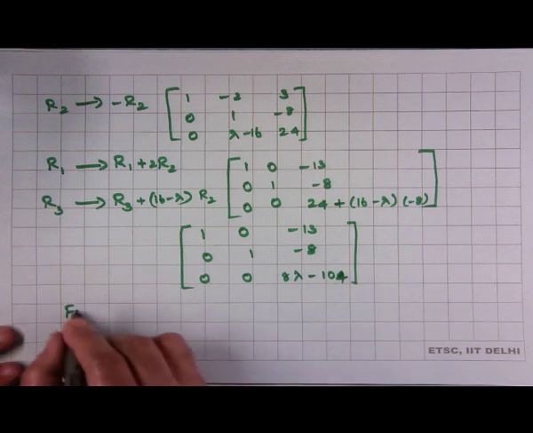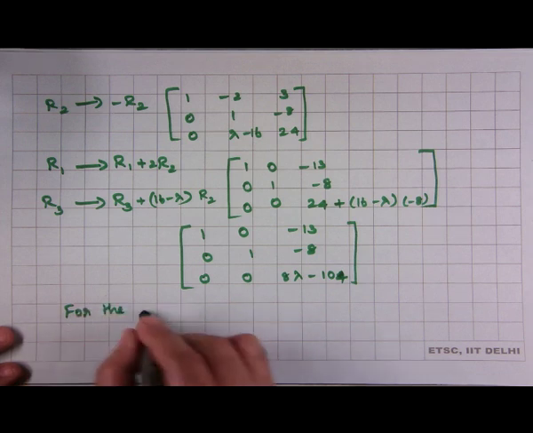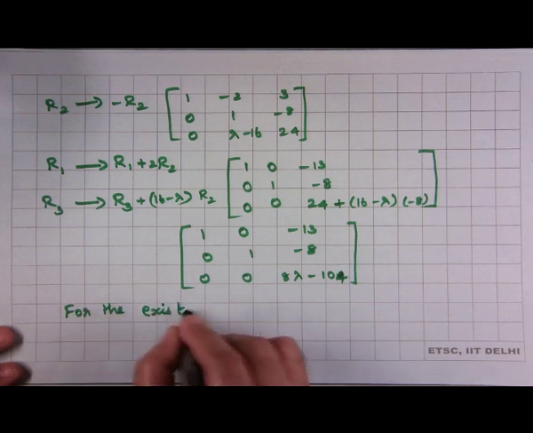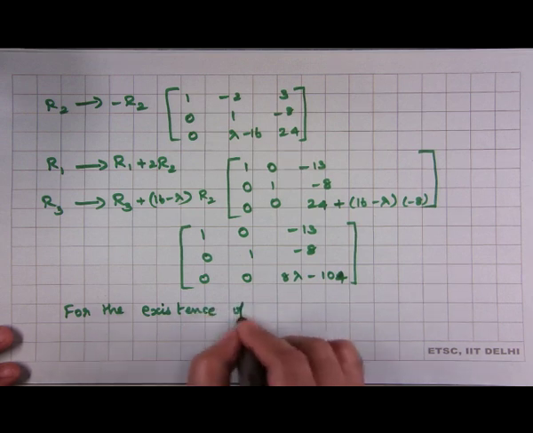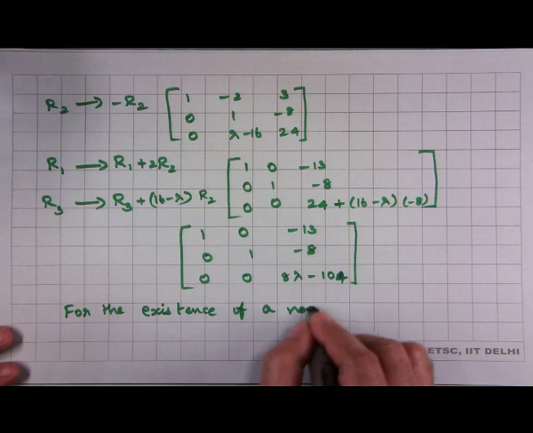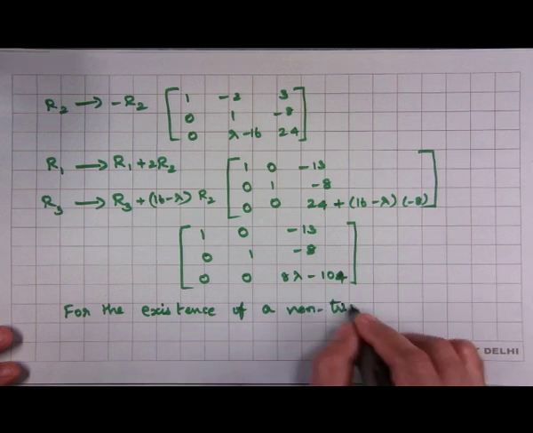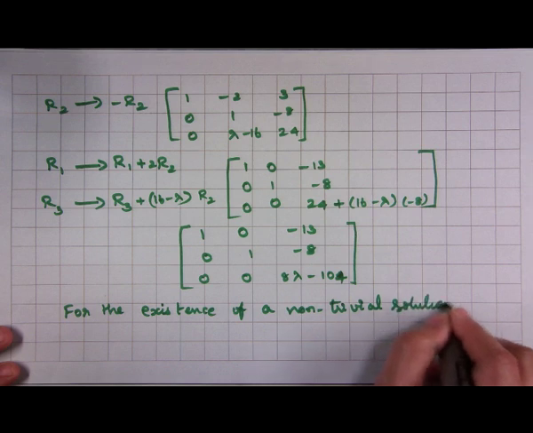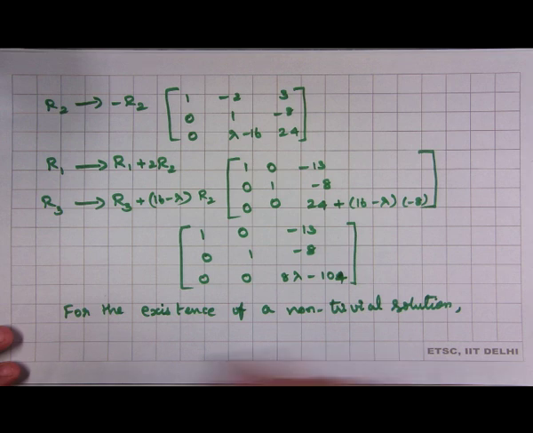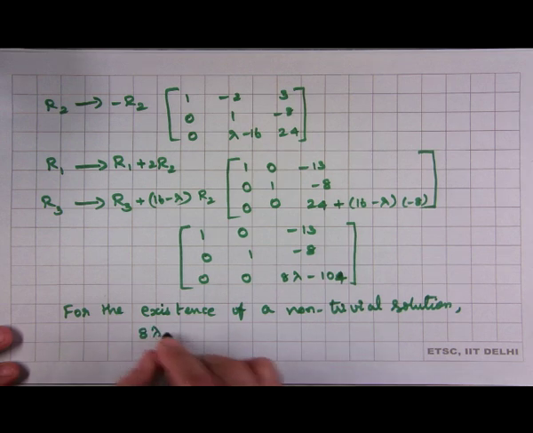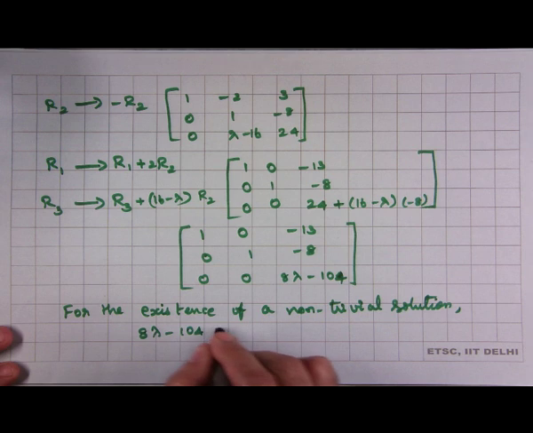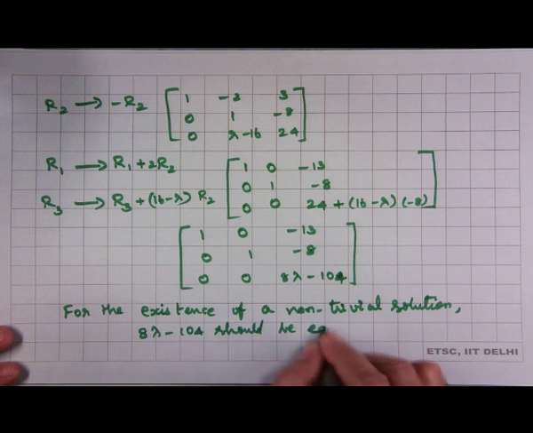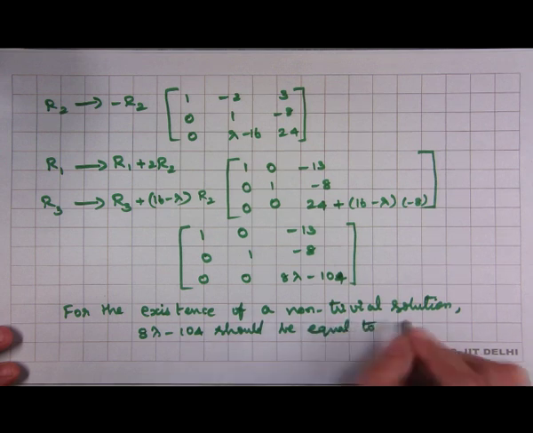So, for the existence of a non-trivial solution, 8 lambda minus 104 should be equal to 0.